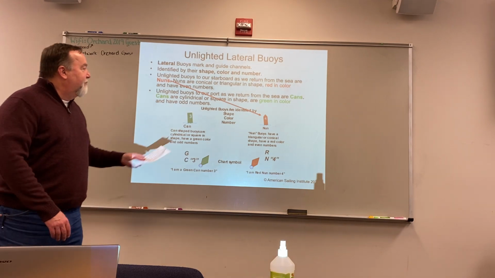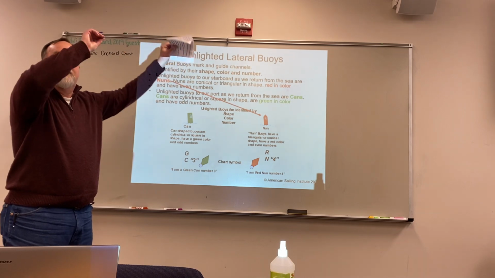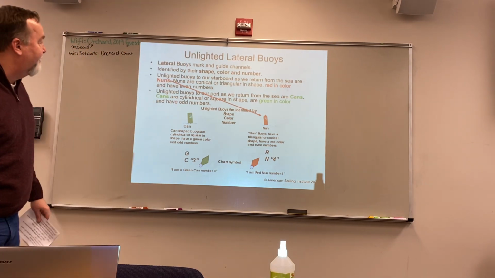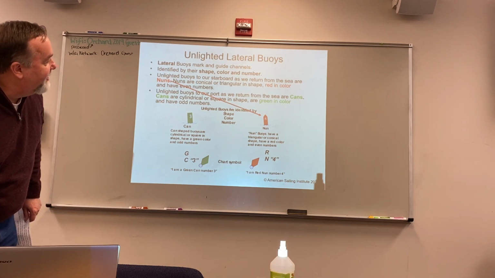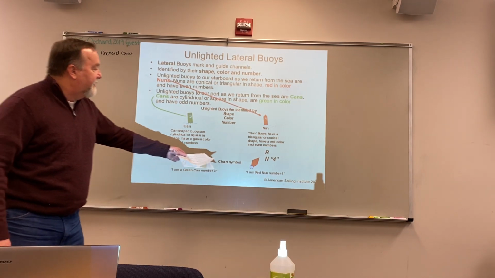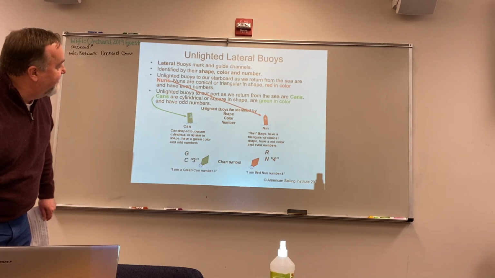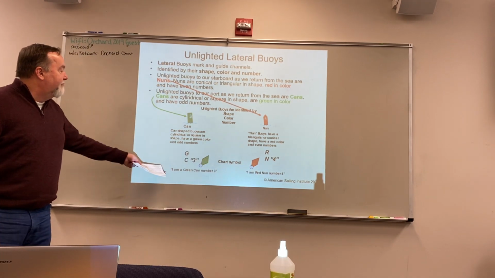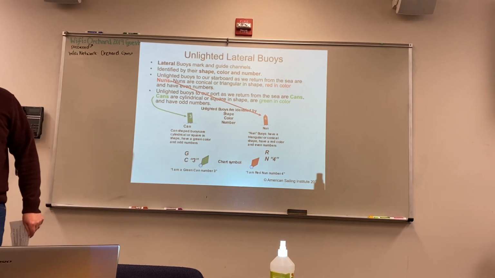They would start with 1 and 2, then 3 and 4, then 5 and 6, and so forth. That's the numbering sequence. So what we've got here is red nun number 4, unlighted because there's an open white circle there, and we have green can number 3, again unlighted because there's an open white circle at the base of the rhombus.